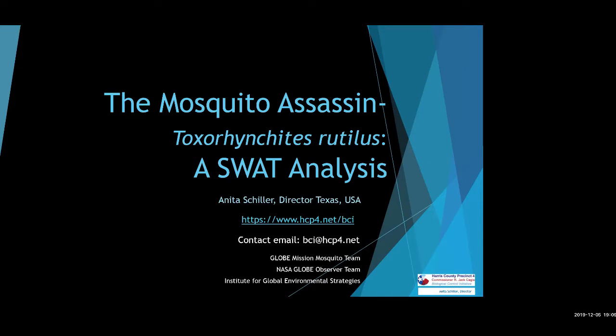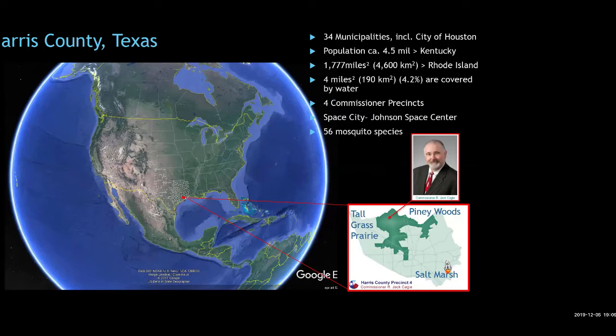All right, so I already mentioned it's kind of warm here where we're at in Texas. And most people are not familiar with where Harris County is. When we tell them, we usually get blank stares. Most people are familiar with the city of Houston, but the city of Houston is really just one of 34 other cities that are part of Harris County.